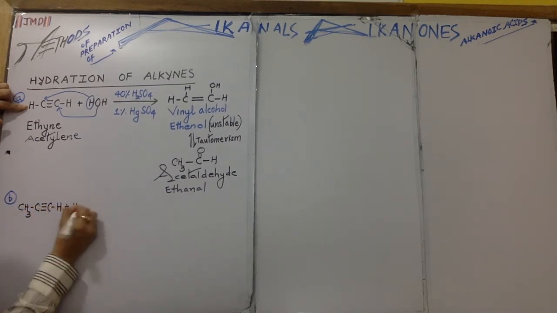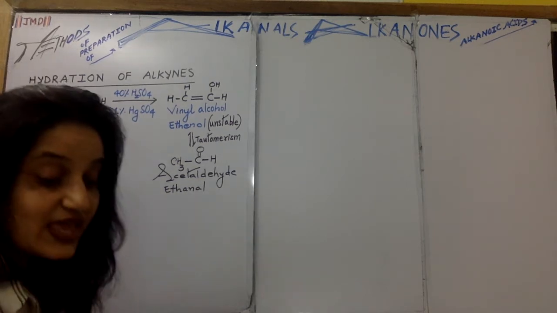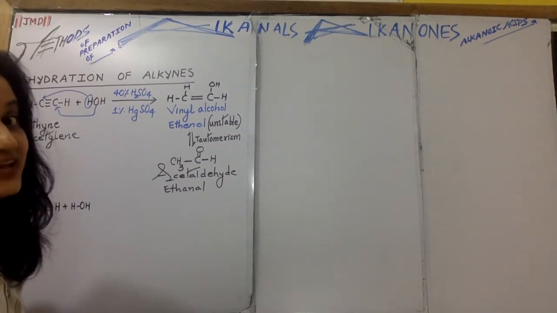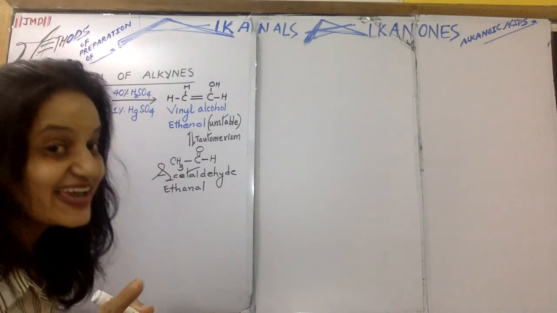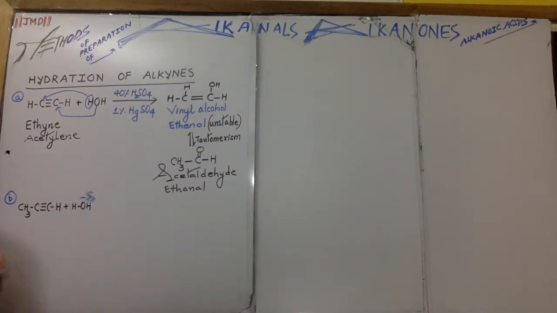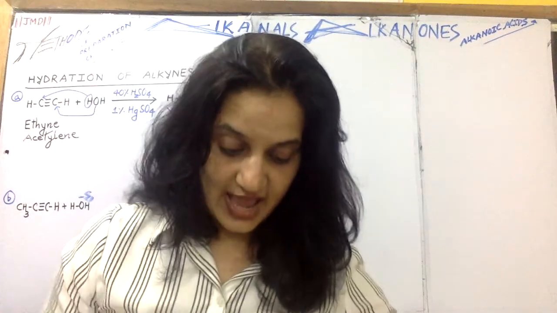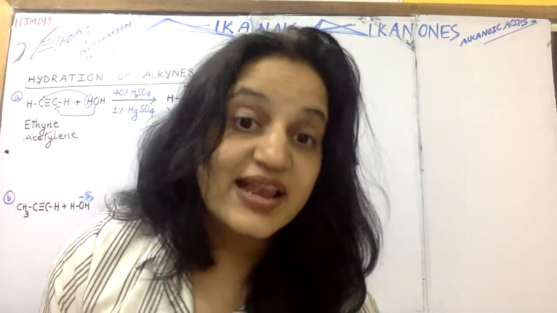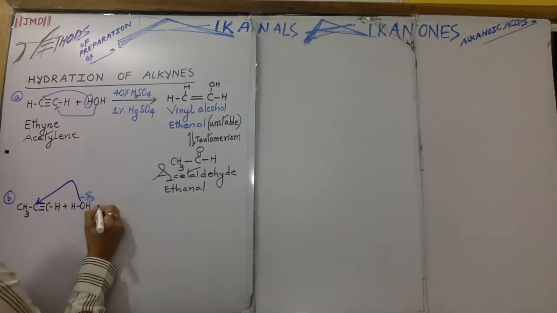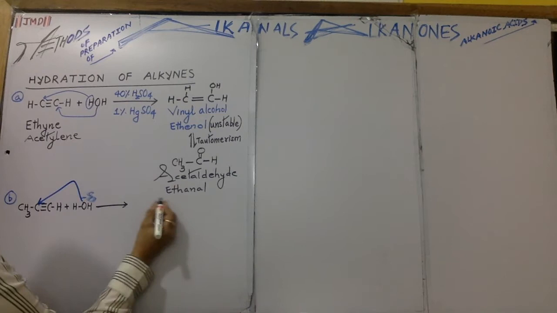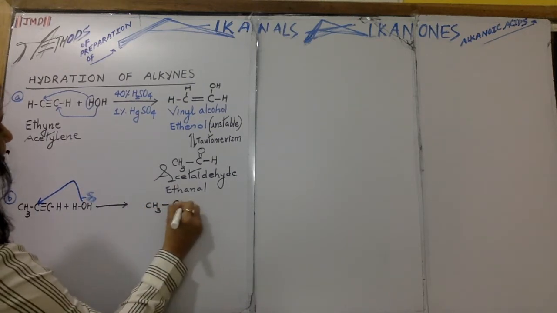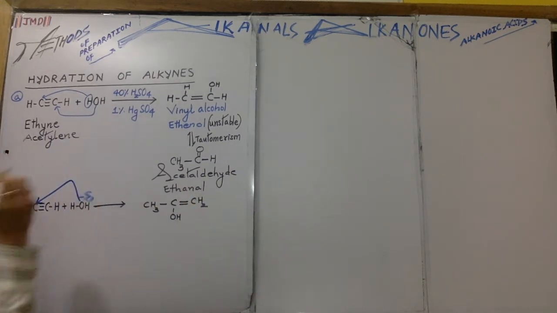Children, we all know that the negative part of the reagent will get attached to the carbon having fewer hydrogens. And when this happens, we get CH3, C(OH), CH2.